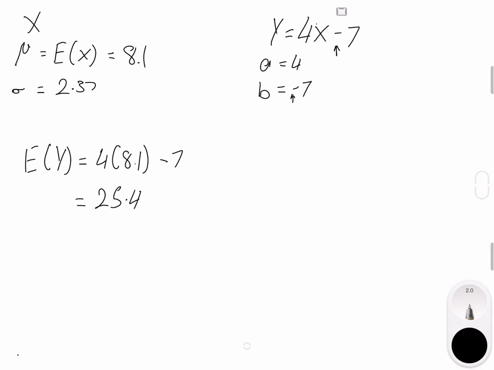So that's our mean, or our expected value, for our variable y. Our standard deviation of y is just equal to the absolute value of a, which is 4, multiplied by the standard deviation of x, which in this case is 2.37.